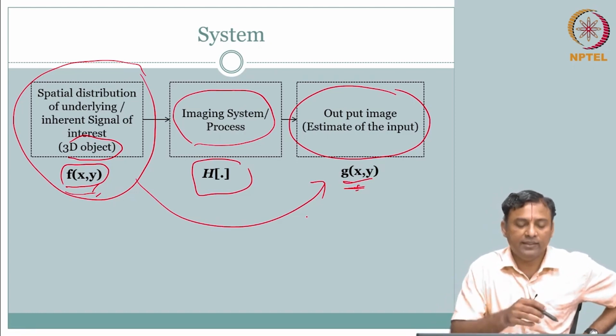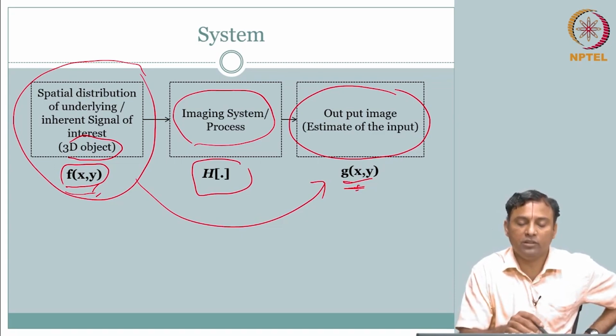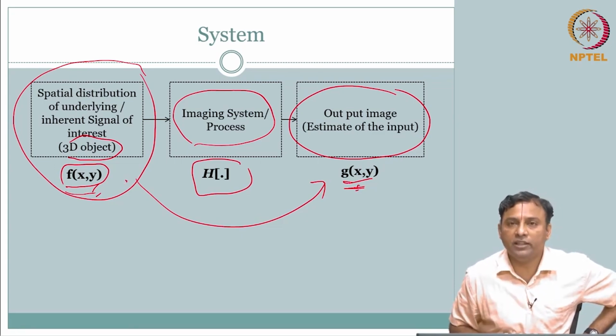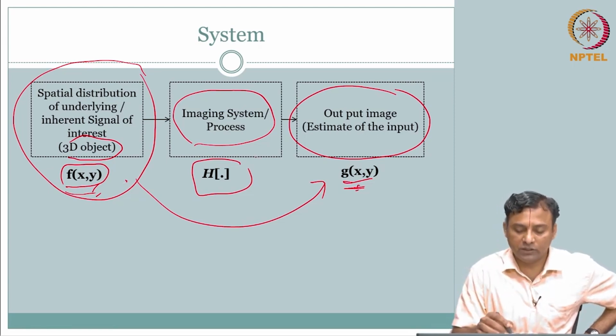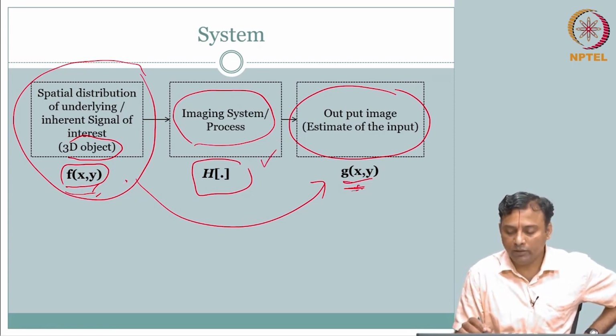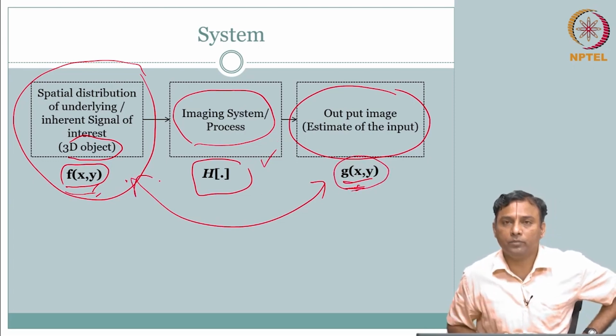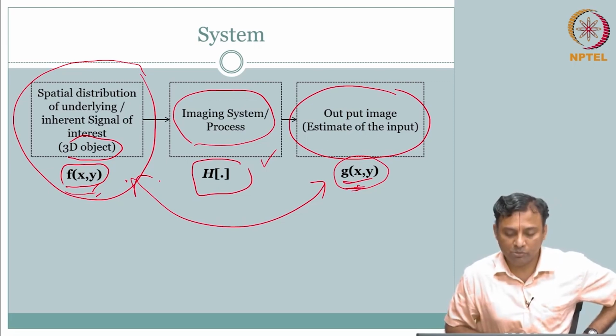So, in our case, it is going to be a spatial distribution at the input and a spatial distribution at the output. The objective of the system is to make sure the output is as close as possible to the input or the unknown underlying distribution. Okay.